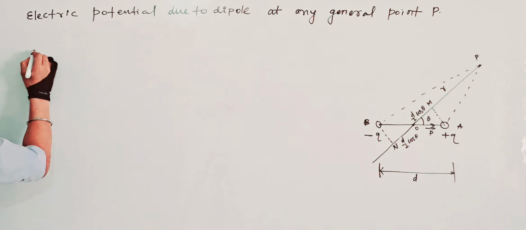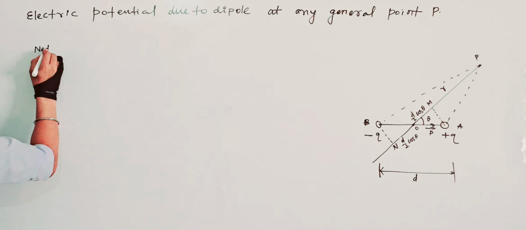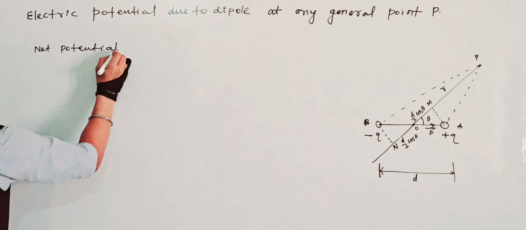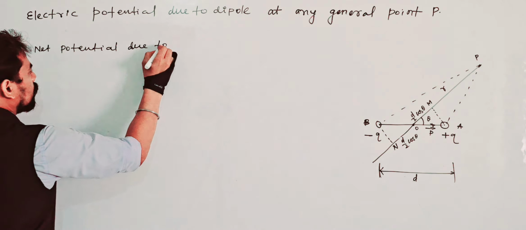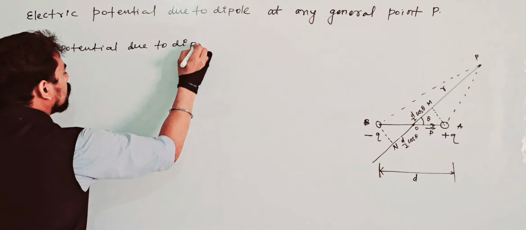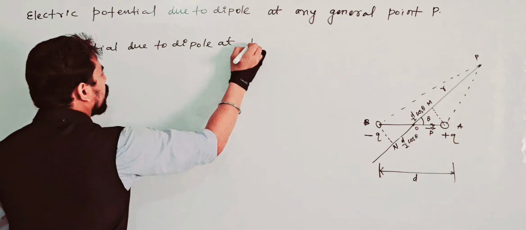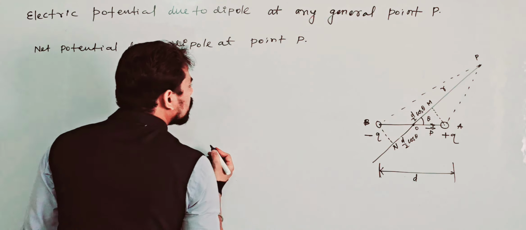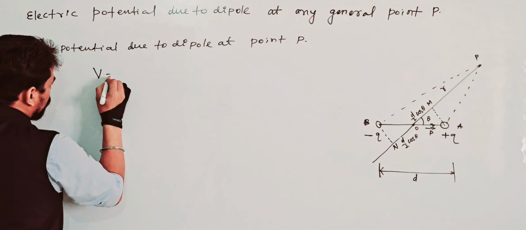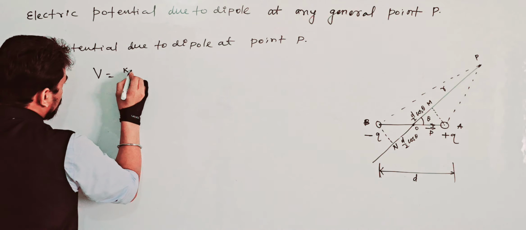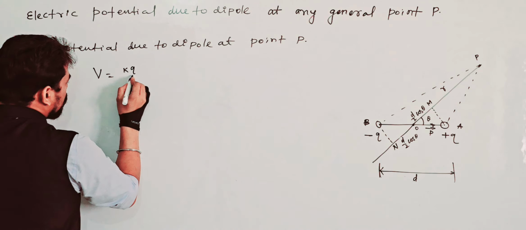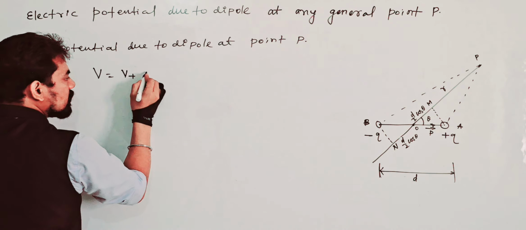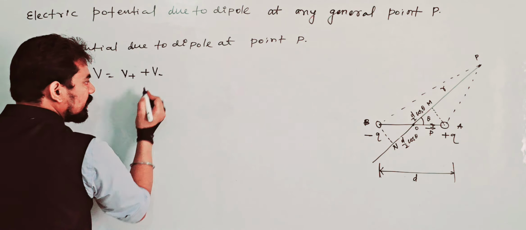Okay, the net potential at point P due to the dipole. So V equals, that is KQ. It means we can write V due to the positive charge plus V due to the negative charge.